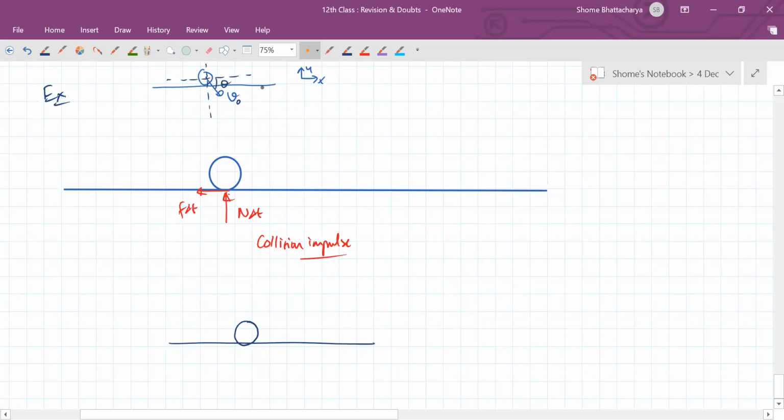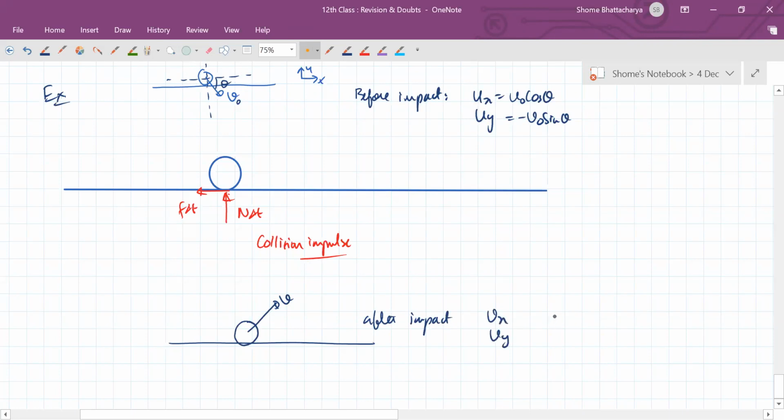So before impact, ux was v naught cos theta and uy was minus v naught sine theta. After impact, suppose there is some vx and vy, so the velocity becomes vx i cap plus vy j cap.